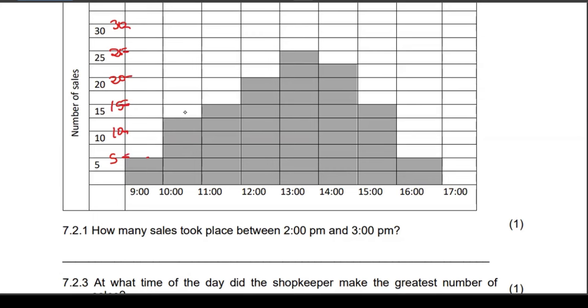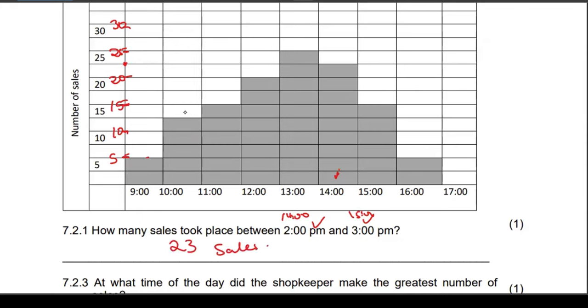So how many sales took place between 2 and 3? We know that 2 is the same as 14 hours, and 3 is the same as 15 hours. So between 2 and 3, our focus is this, which is in between 20 and 25, which is like 23 sales.